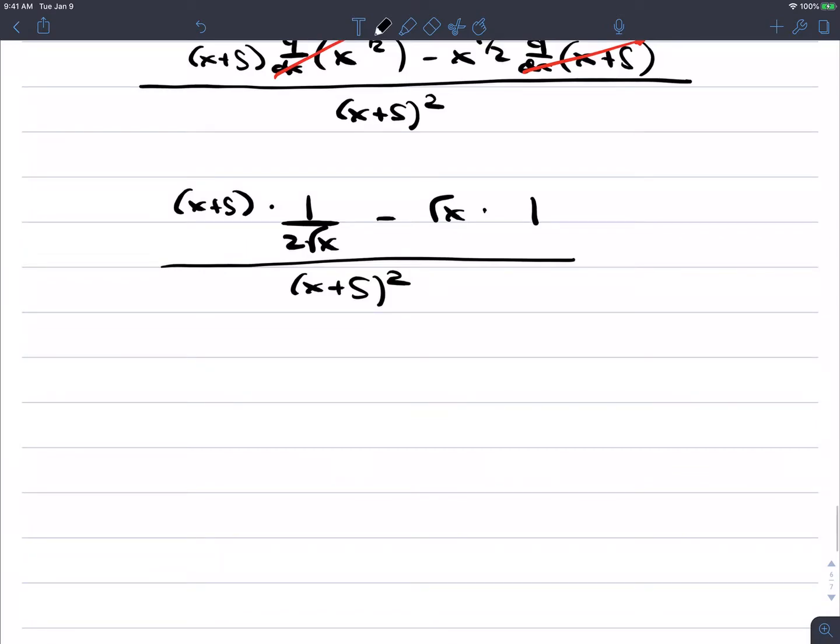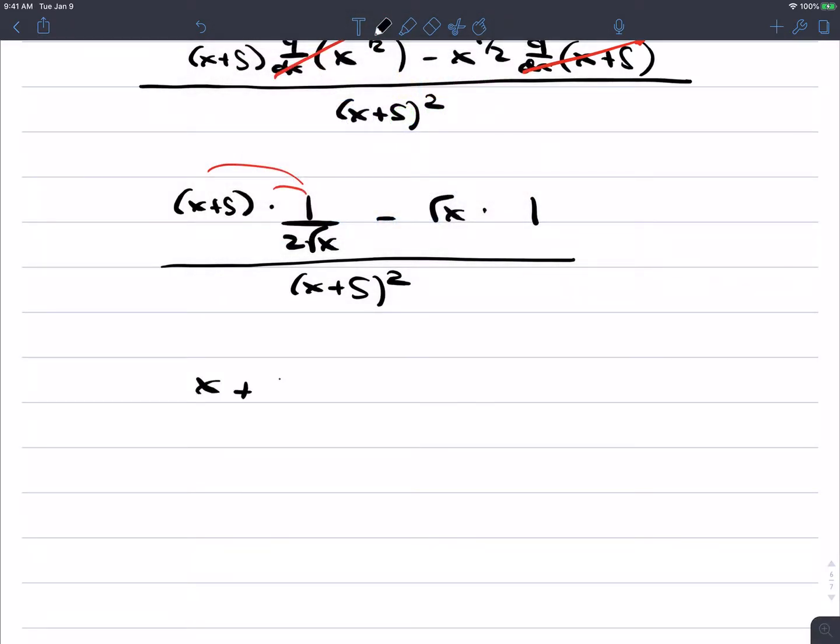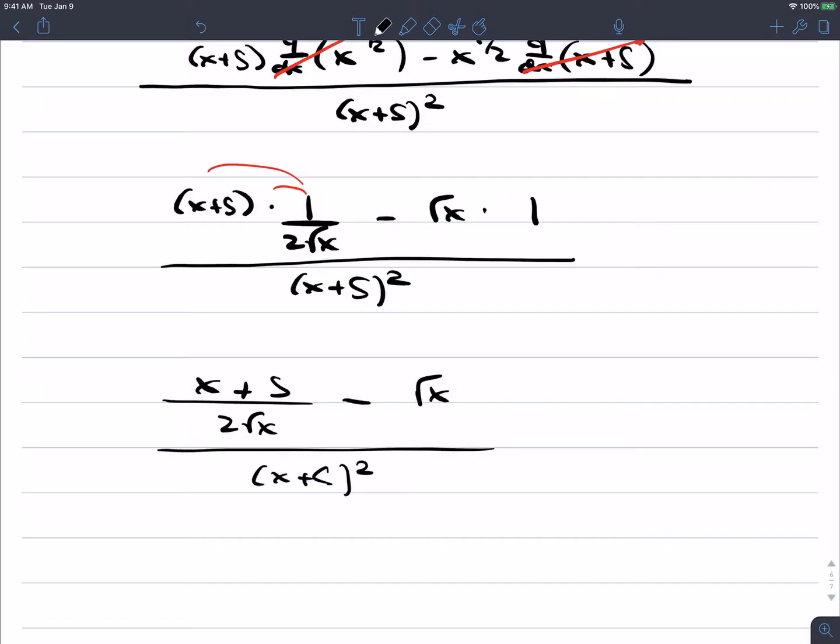So let's do a little bit of arithmetic here. Let's do a little bit of simplifying. We're going to distribute first of all here. So let's do that. We get x plus 5 over 2 square root of x minus square root of x over x plus 5 squared.